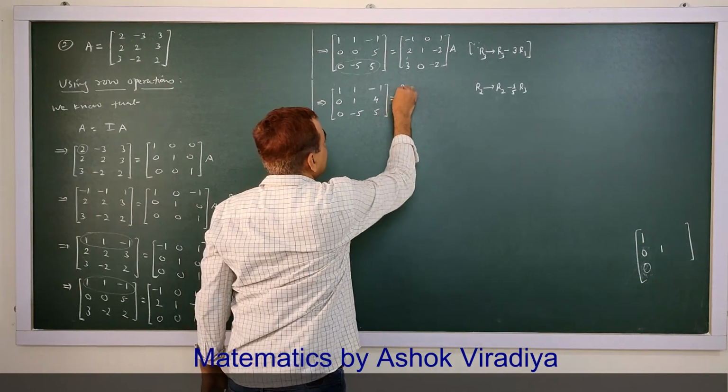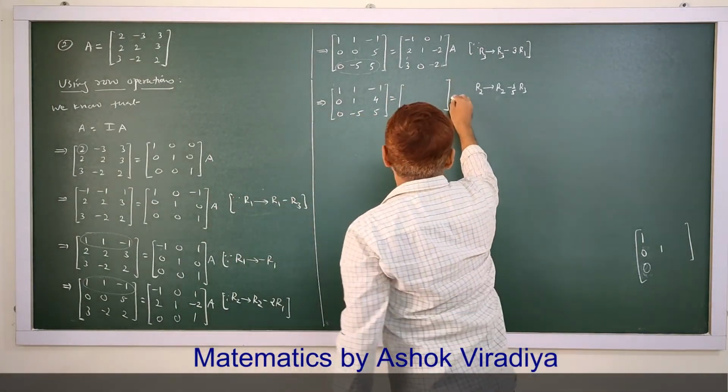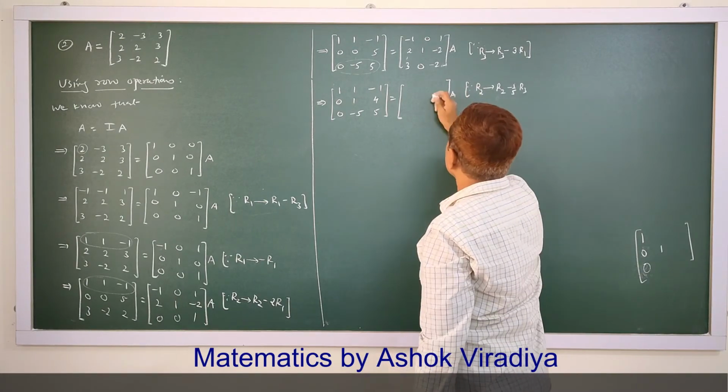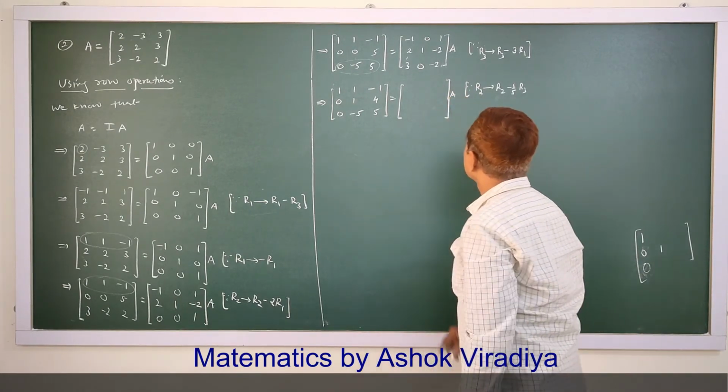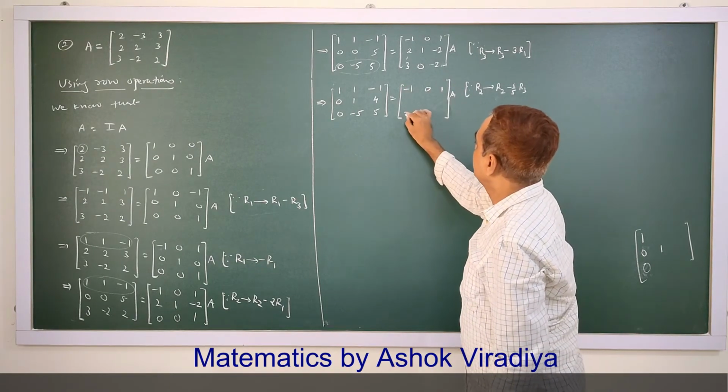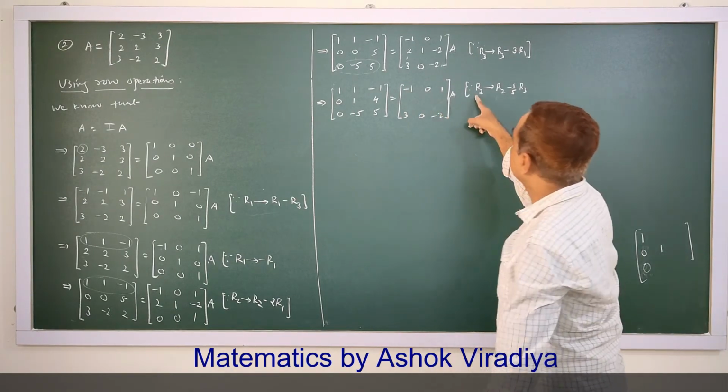Same procedure here: minus 1, 0, 1, 3, 0, minus 1. The change will be in the second row.